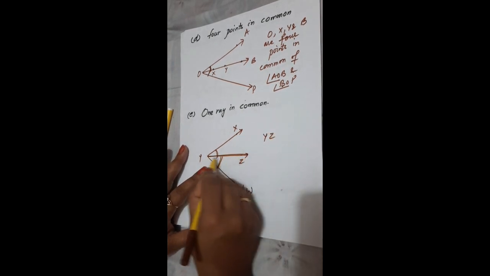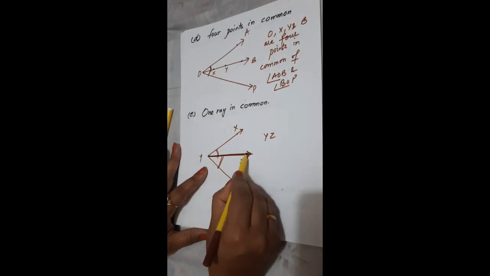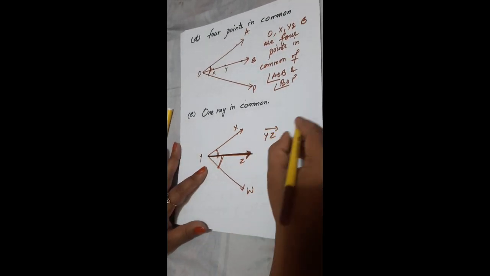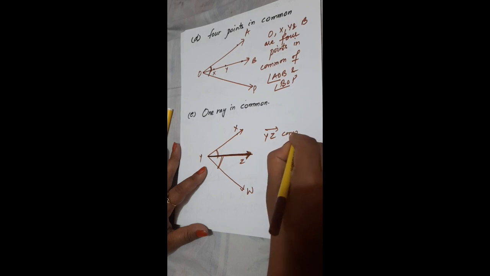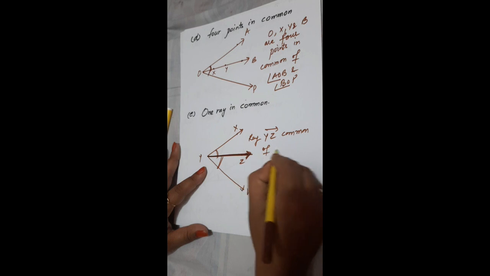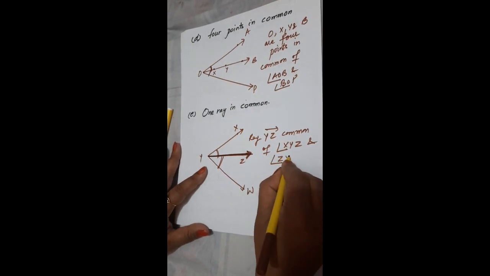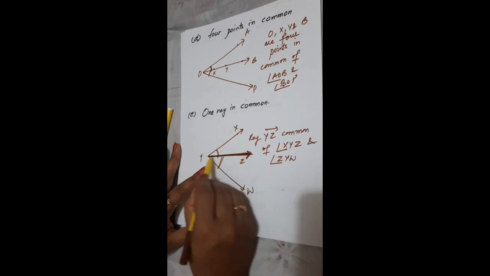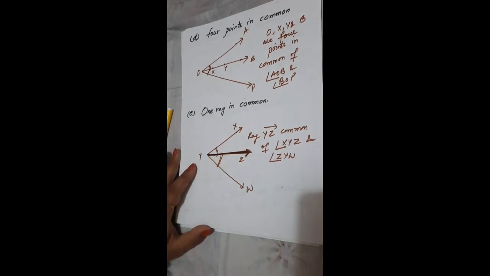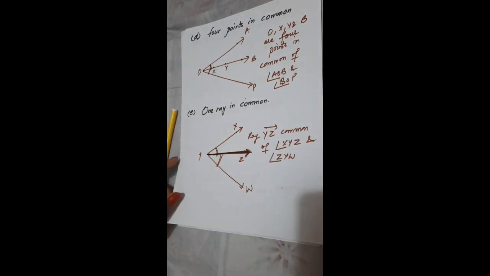So this YZ is the ray. Ray YZ is common to XYZ and ZYW. So this is one common ray. So this is all with question number 3.